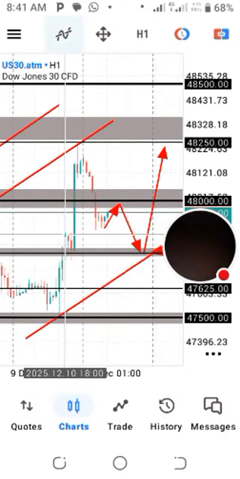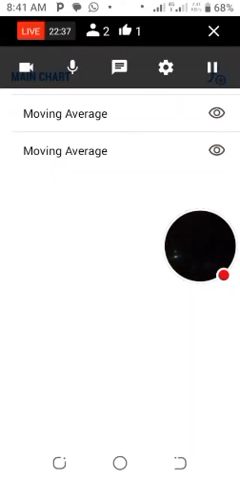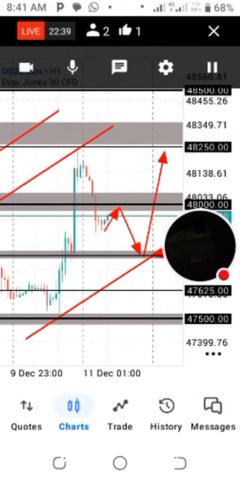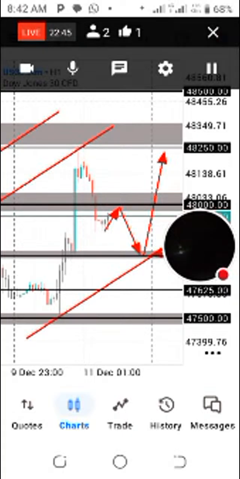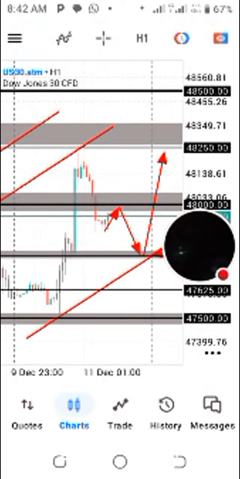This is the reason why I say don't trade US 30 except at New York session. And the New York session I'm talking about is not the New York opening. No, between 2 o'clock and 2:30 is the best time to get opportunity at US 30, because there's always a very strong volatility.